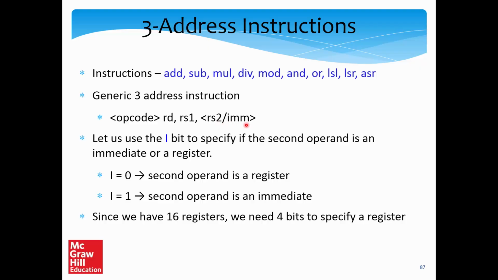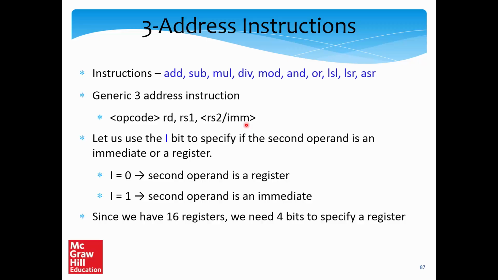So the first fork point, the decision point that we have, is to resolve whether we'll use the second source register or an immediate. So let us use the I bit to specify if the second operand is a register or an immediate. So if I is equal to 0, let's say that the second operand is a register, and if I is equal to 1, let's say that the second operand is an immediate.